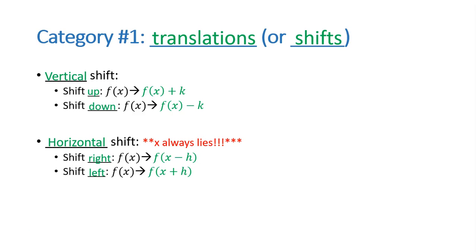So x lies, it shifts it in the opposite direction, which in this case is the negative direction. So anytime we add or subtract a number onto our function or directly onto our function input, that tells us we're going to be moving the graph around on the coordinate plane, maintaining the shape, but just shifting it up or down, left or right.